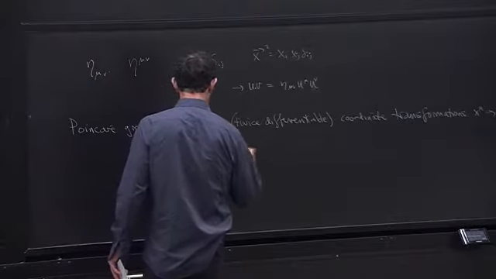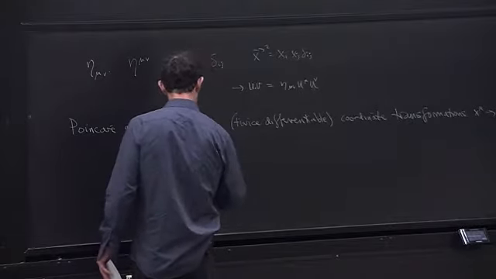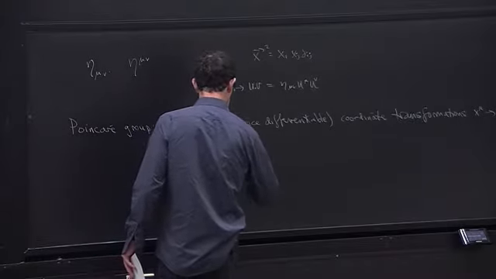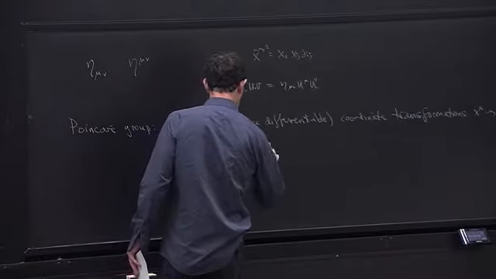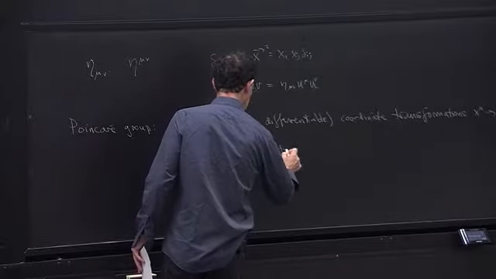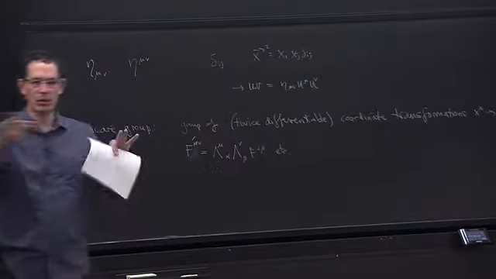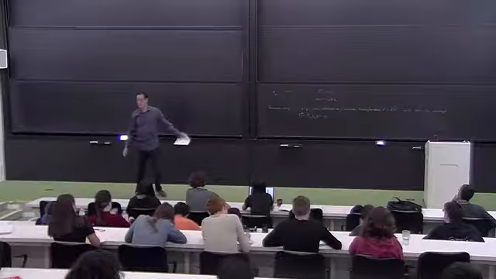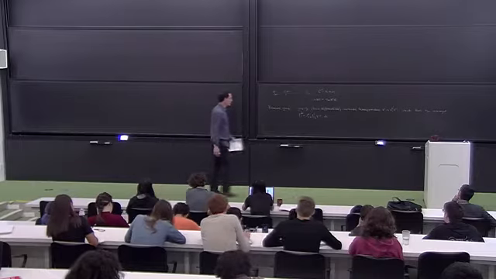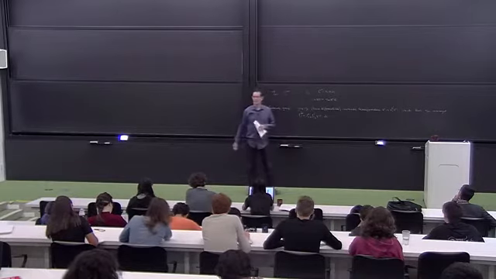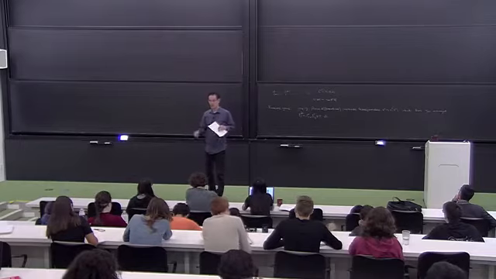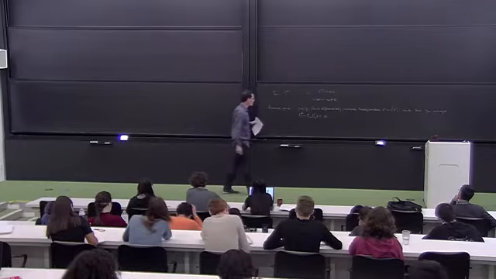It transforms as a tensor. Let's do it with upstairs indices: lambda mu alpha, lambda nu beta, F alpha beta, etc. So the rule is all the quantities I'm going to put in the equations transform like tensors. That's a good start. And that's sufficient to ensure that the equations will hold in all of these coordinate systems.